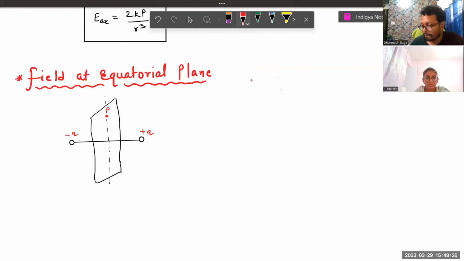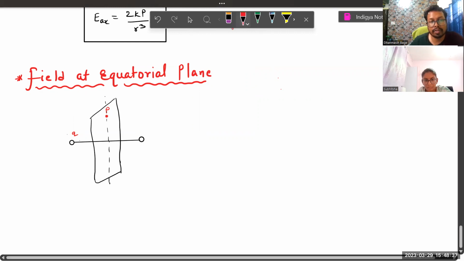In this case, let us just change the sign, that will not change anything at all. Let us say that this is minus q, plus q.